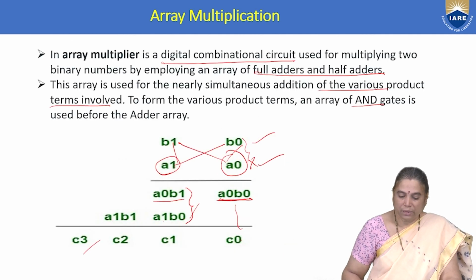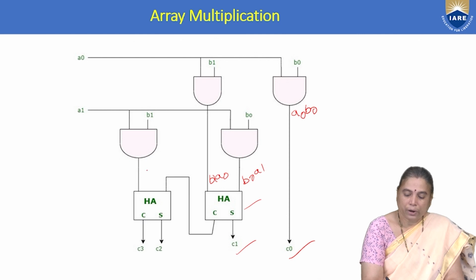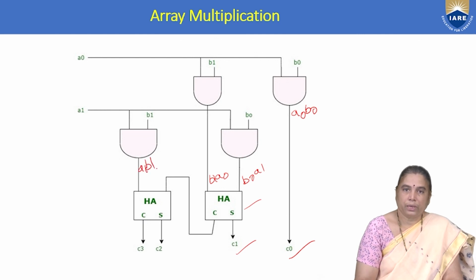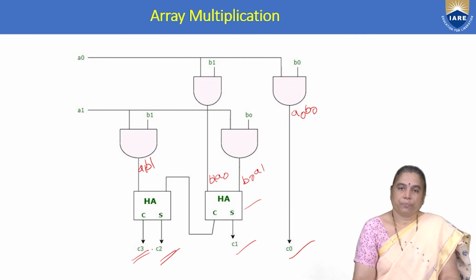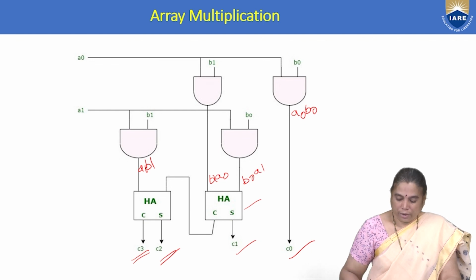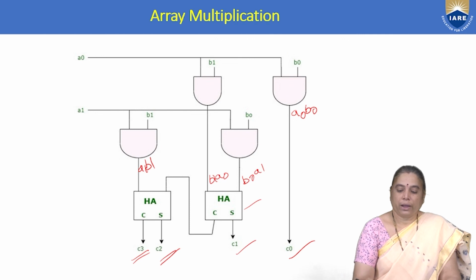And the next term is here A1 B1. So A1 B1 is given to the AND gate and the product A1 B1 is produced here. It is given as input to this half adder, and C2 is the sum. If a carry is produced, that is C3. In this way, array multiplication is an electronic combinational circuit that can be constructed with AND gates, half adders or full adders to produce the binary product.